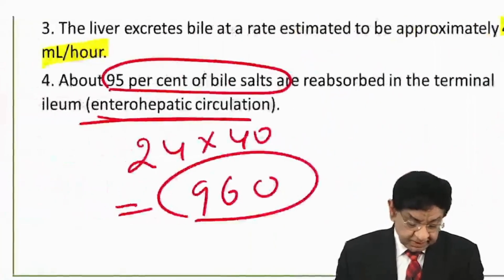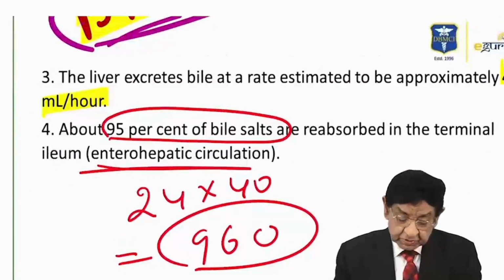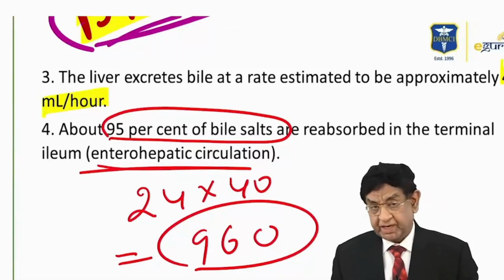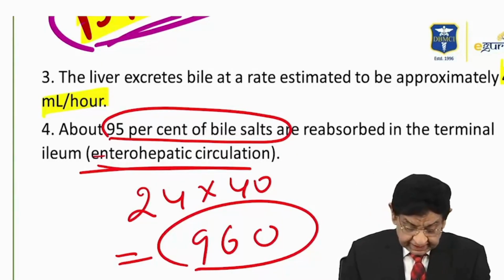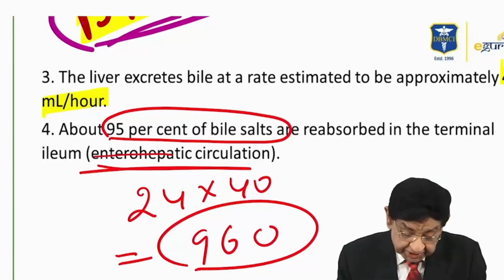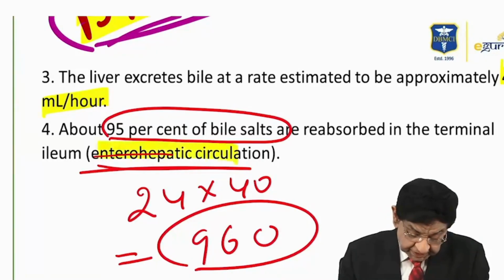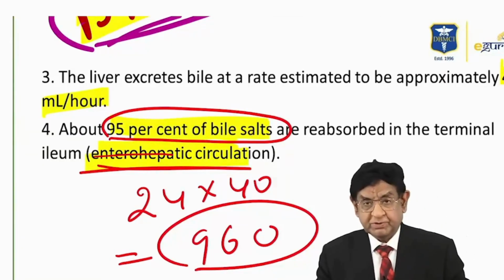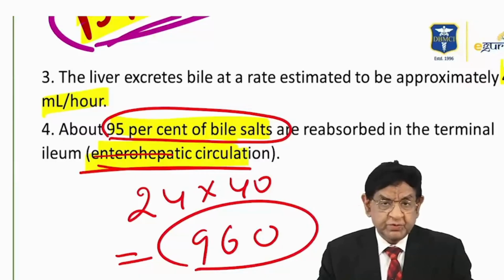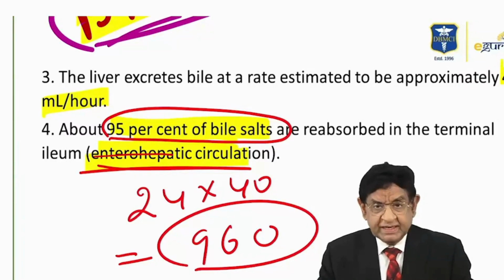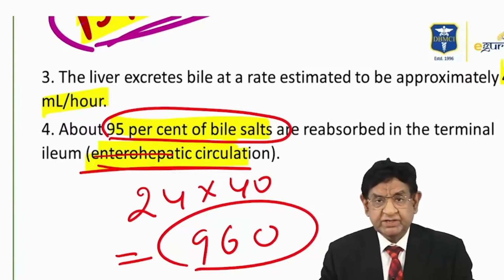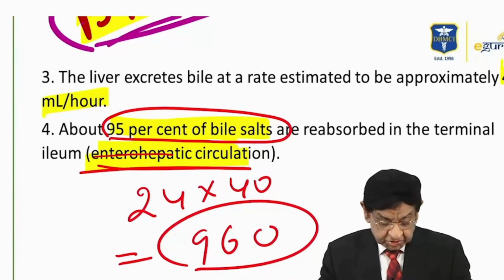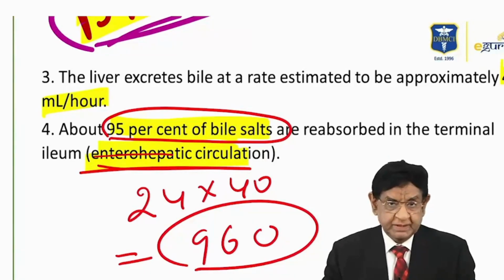So the keywords to be remembered are 40 ml per hour and enterohepatic circulation, by which 95% of the bile salt is reabsorbed. There are only two keywords: 40 ml and enterohepatic circulation for bile salt reabsorption.